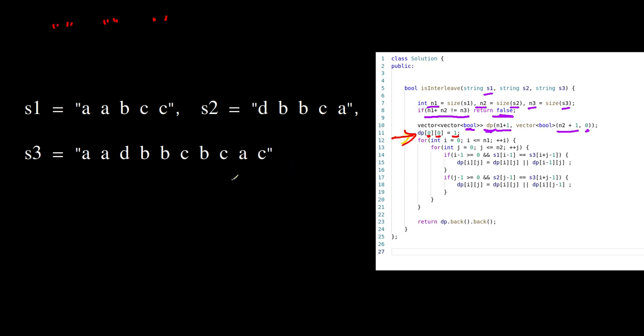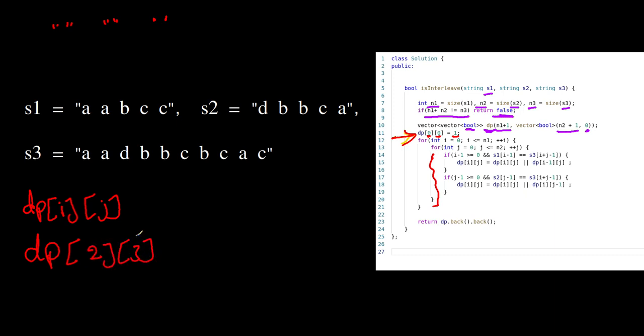And to calculate now dp of i, j, let's take the example again, dp of 2 and 3.